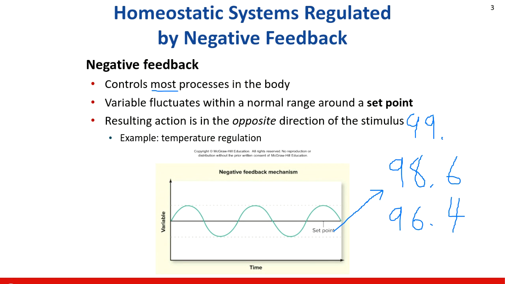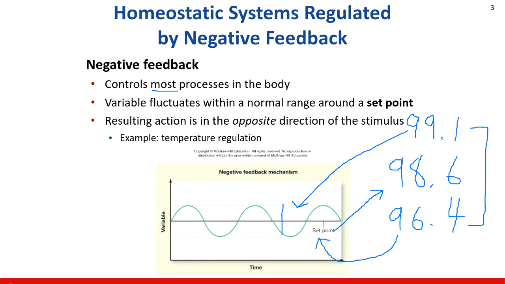That's what we're seeing in this little graph. The 99.1 is this top line, and the 96.4 is this bottom line. So you can see we have this whole range, and this is our set point.